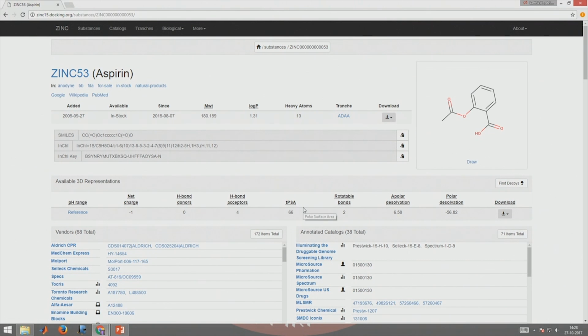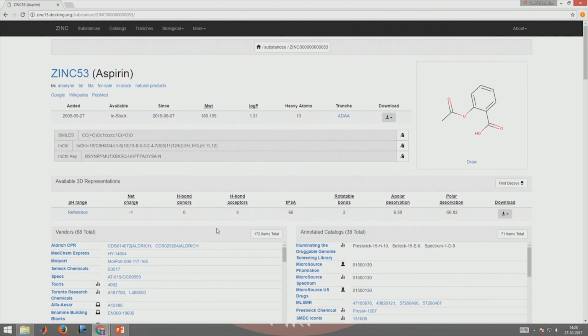TPSA means total polar surface area. PSA means polar surface area. It has got 2 rotatable bonds, and so on.